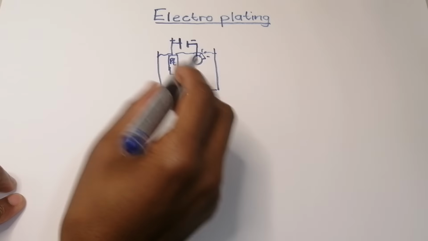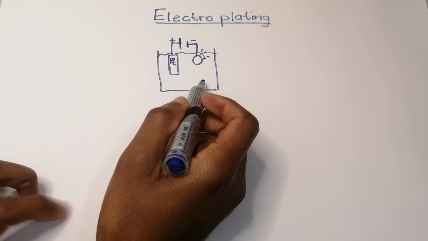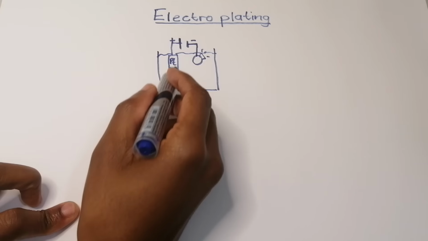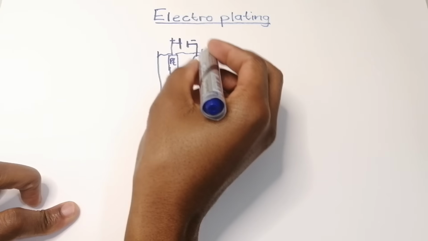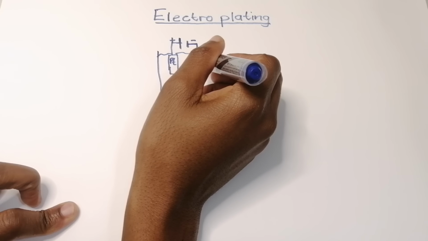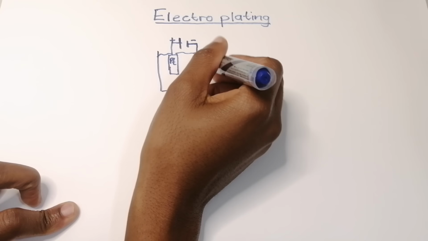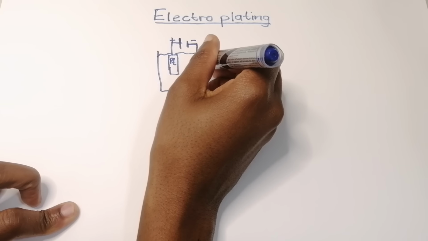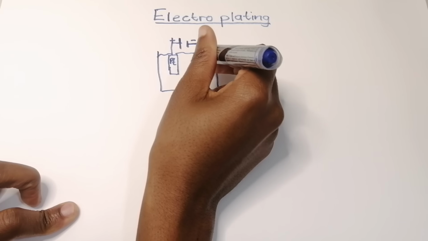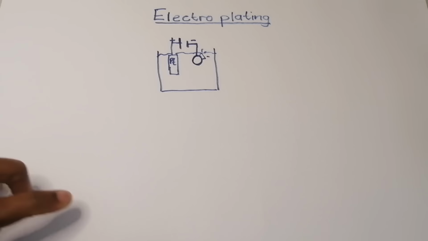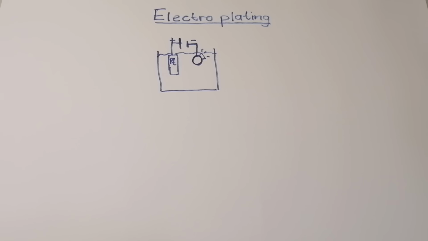Now ladies and gents, what we want to do is to coat this ring with a precious metal, which is platinum. So let's say we take a cheaper form of metal. Let's say we take nickel. We are going to take a nickel ring, and we want to cover it up with platinum, so that it's not a platinum ring, but a platinum plated ring.